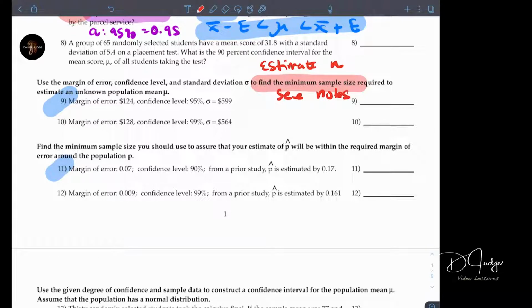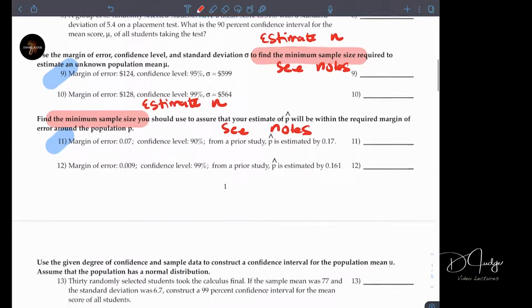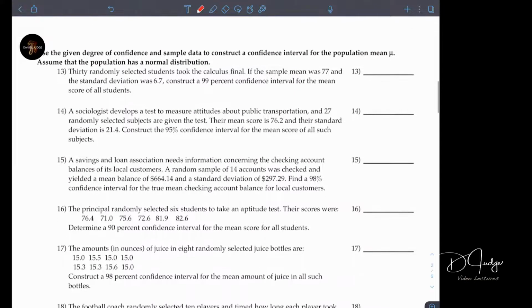And in fact, I did number 11. This is also the same situation. Estimate, what do they say? Find the minimum sample size. They actually put it up here. You know, they phrase it there. Estimate N. We did this one in class. See your notes here. So 9 and 11 we did in lecture. See your notes. I'm going to go to number 13 now.